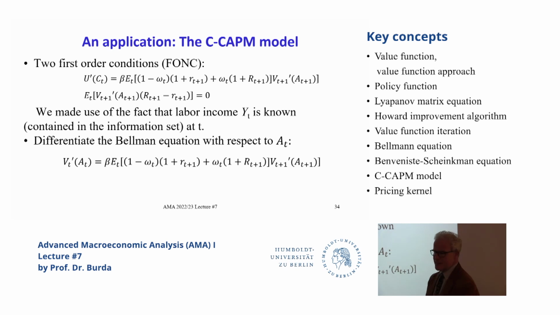And the second first order condition may be unfamiliar to some of you, but it's basically saying that at the mean, it's not at the mean, but the expected return times the value of that expected return should not be positive in expectation.